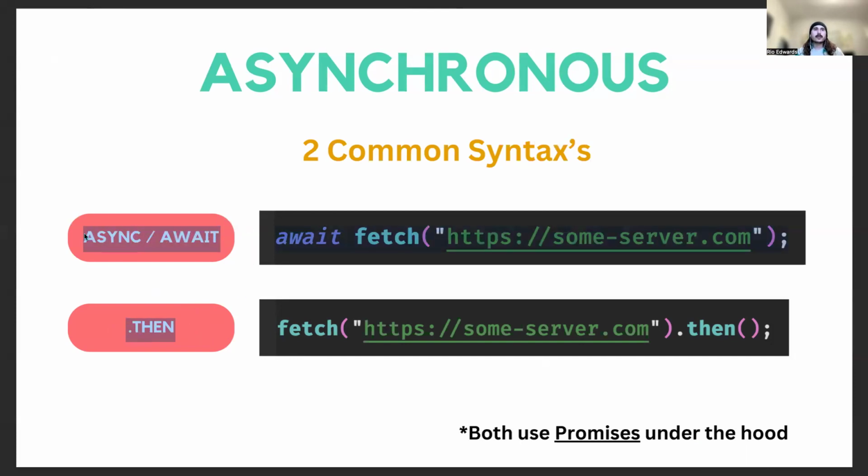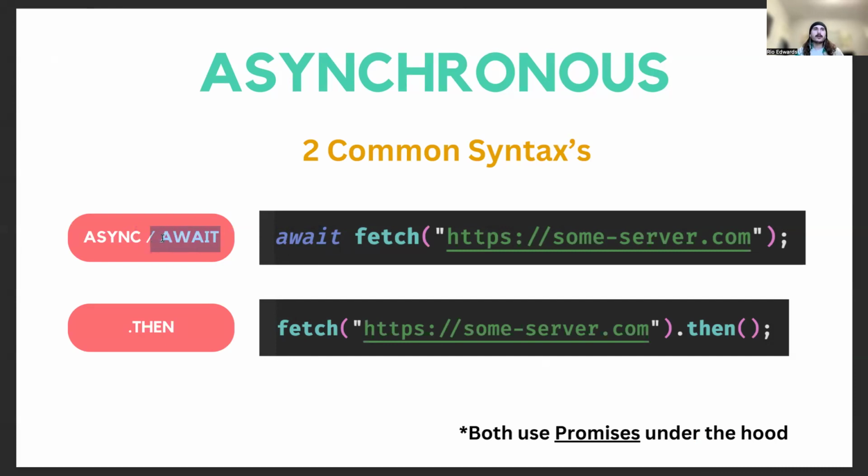But these are two different syntaxes that achieve the same thing. They're a way of dealing with asynchronous code. Today we're going to be using the .then syntax. Basically, they're two different ways of making your code wait for some other thing to happen. So some asynchronous code executes and you want to wait for that task to finish. You can use either async and await or .then.